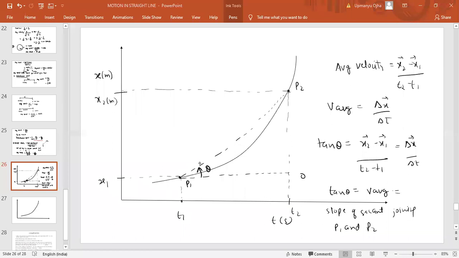And if the time interval is very small, then P1 and P2 will be almost coinciding.